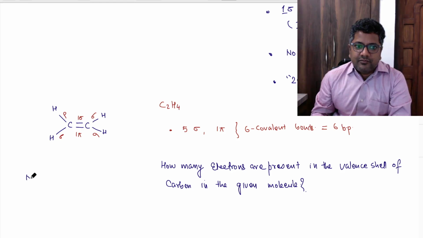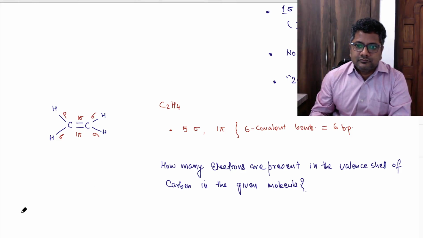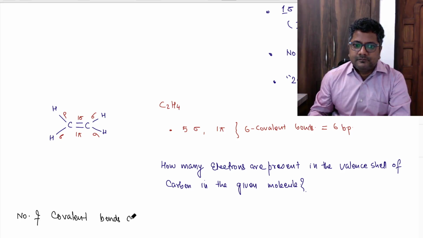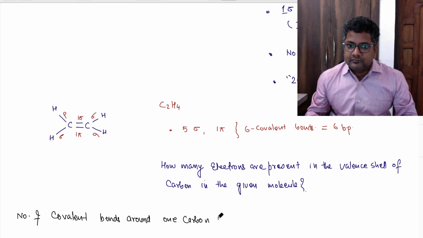The number of covalent bonds around one carbon atom is equal to 4.